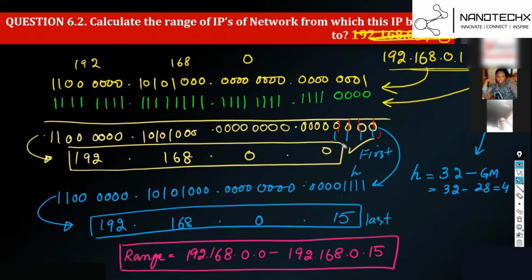So the rightmost bits will always be zeros and the leftmost bits will always be 1. In every subnet mask, /28 means 28 ones and remaining zeros. /29 means 29 ones and remaining zeros on the right side. /24 means 24 ones. So the rightmost bits are always going to be 0. Clear?